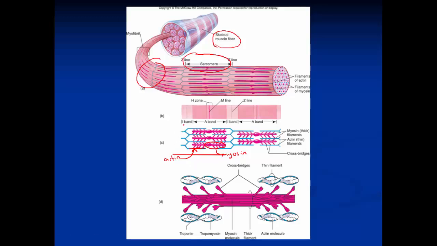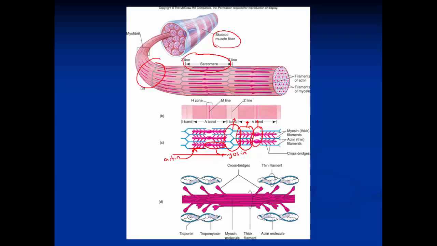The reason you have striations is if you look here, for example, actin and myosin don't overlap. There's nothing really there. So that's going to appear light. Here, though, if you look, I've got actin and myosin overlapping. So that appears dark. Here, I've got myosin only.